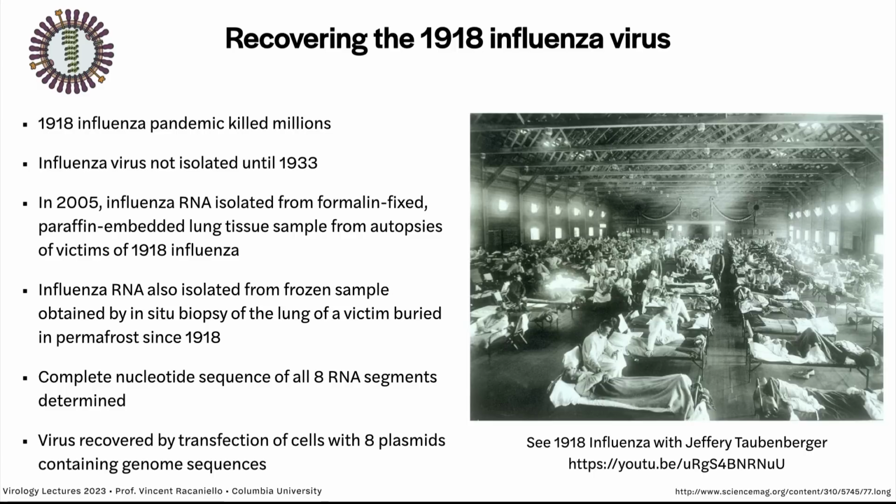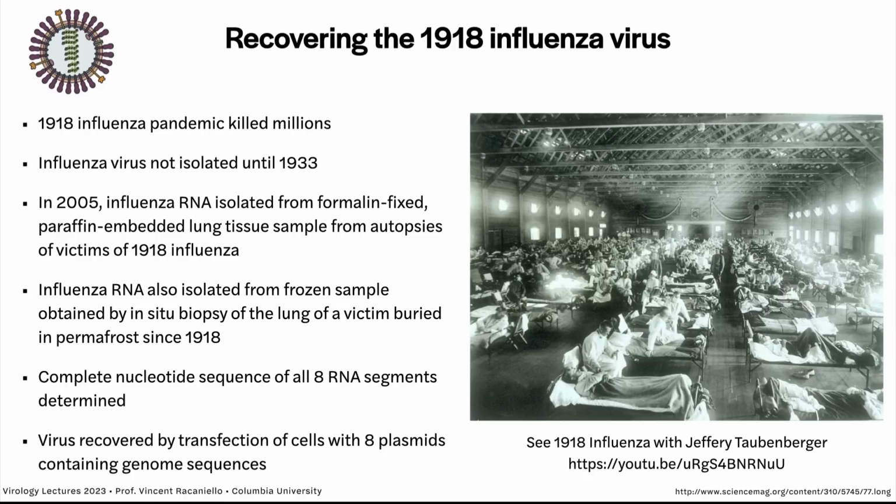So these investigators went and got a few, extracted the RNA, sequenced it, and eventually assembled all 8 plasmids, DNA copies of all 8 of the RNA segments of influenza virus. The other thing they did, because they couldn't get the entire sequence from these little paraffin blocks, they went up to, I think, somewhere north of, in Alaska, I'm not sure exactly where, people had been buried and they were frozen ever since 1918, never thawed out.